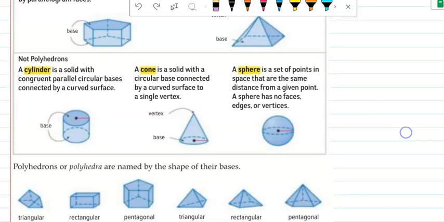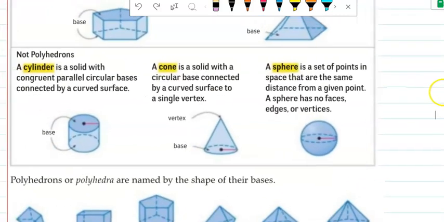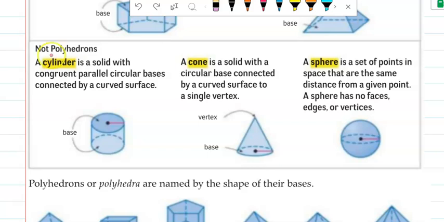Okay, the big ones that are not polyhedrons, and hopefully you can see the trend here. Just like something cannot be a polygon if it has a curved edge, things cannot be polyhedrons if they have curved edges either. Polygons and polyhedrons can't have curved edges.